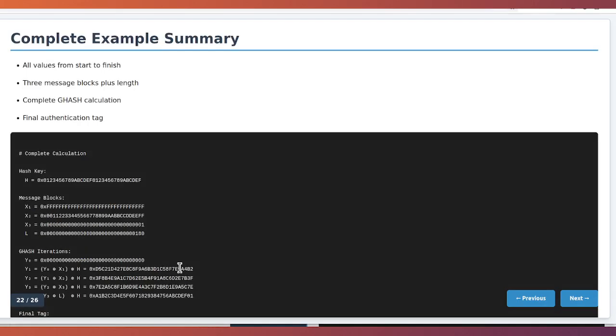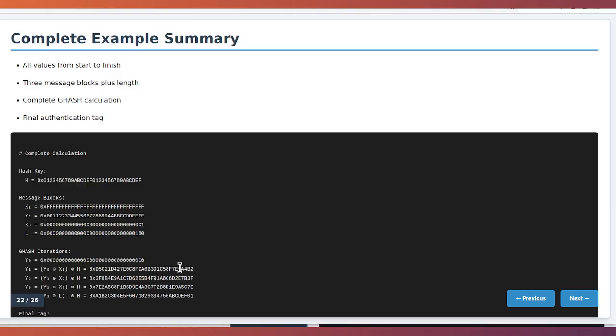Complete example summary. Let's summarize the complete calculation from start to finish with all values. Hash key H equals 0x, beginning with 01, ending with EF. This is derived from the encryption key K as H equals AES encrypt of 0 to the 128.